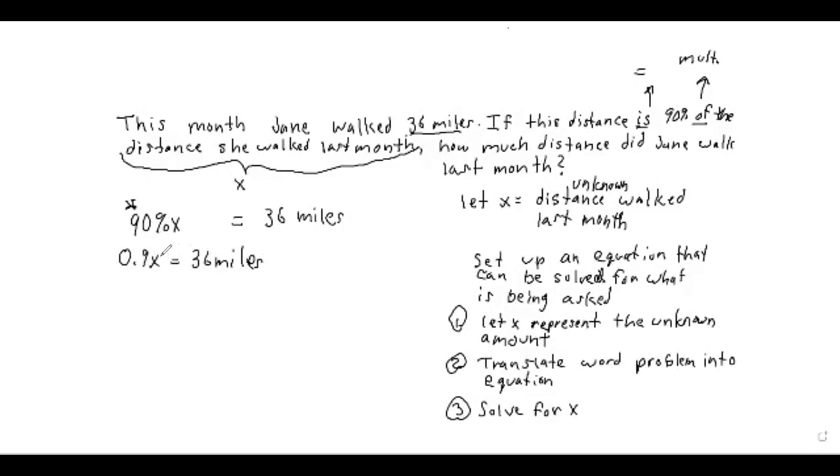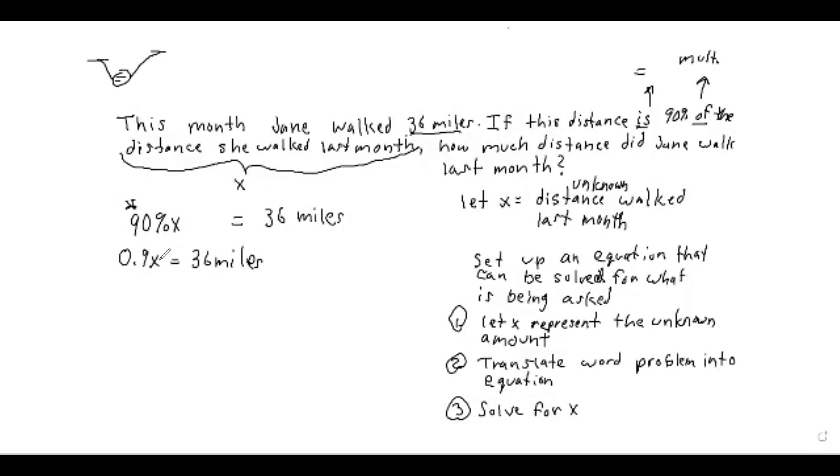Now we have an equation and we just follow the rules for solving equations for a variable. What are those rules? We want to get the variable, the letter, by itself on one side of the equal sign and everything else on the other side. The way we do that is we look at the variable side of the equal sign, note what math operation is happening to it, and do the exact opposite math operation.